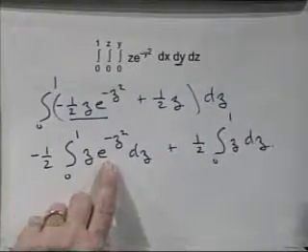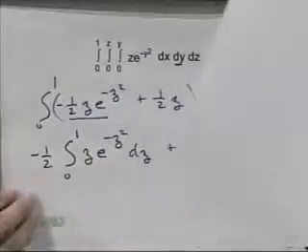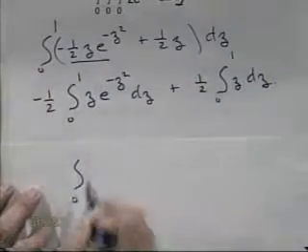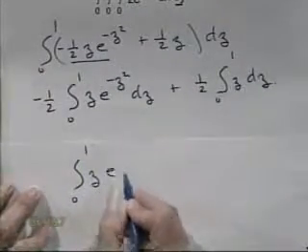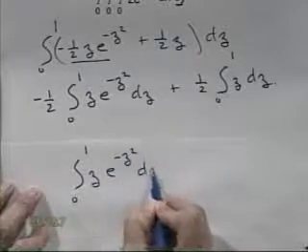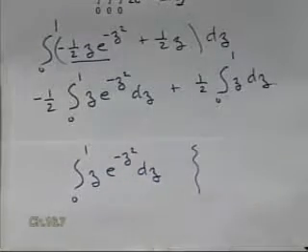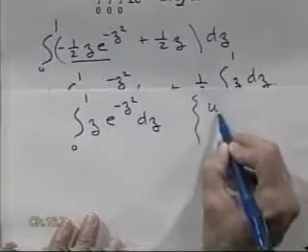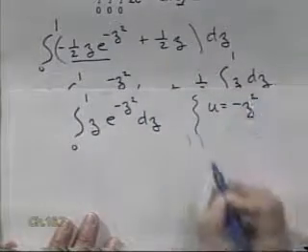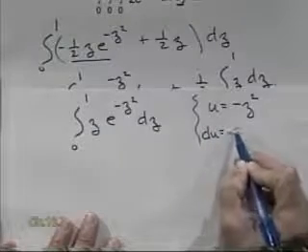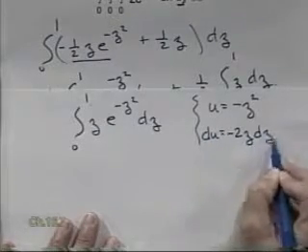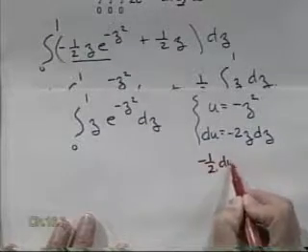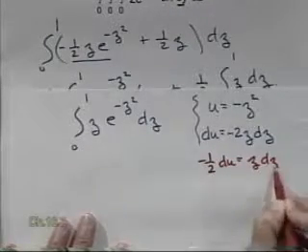I think we're going to do this. We just did this one 2 minutes ago, but let's just do it again. I have the integral from 0 to 1 of z e to the minus z squared dz. How are we going to do it? U substitution. U is minus z squared, so du is minus 2z dz. So if I multiply through by minus 1/2, minus 1/2 du is z dz.